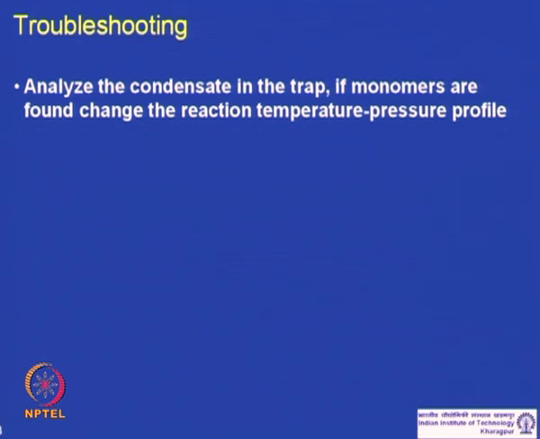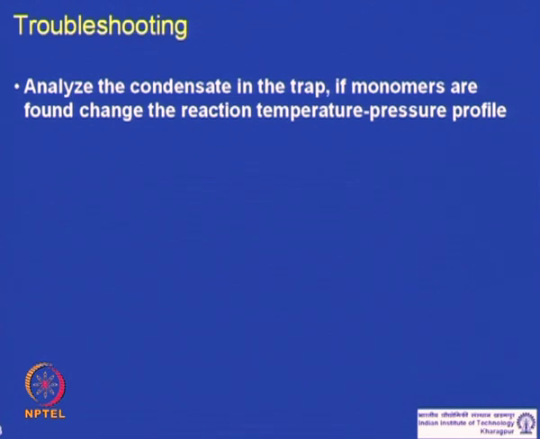Now, you must be capturing the condensate in a trap while distilling off the condensate byproduct. At the end of the reaction, you analyze the material in the trap and see whether you find any monomers in there.